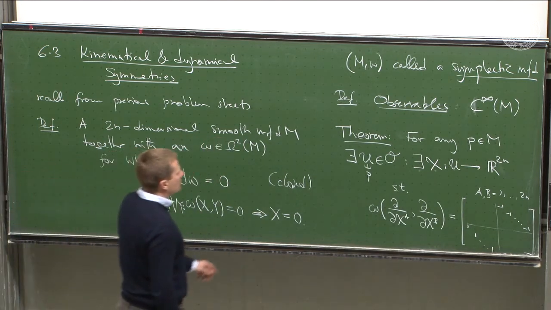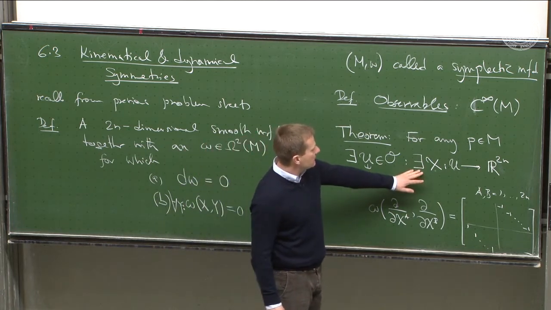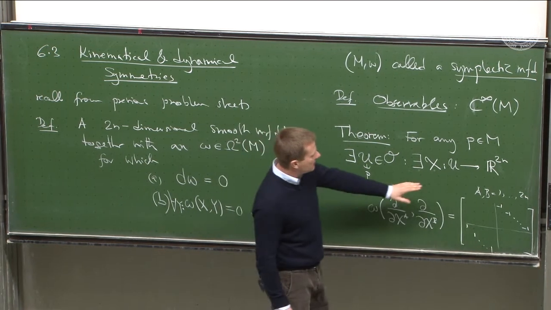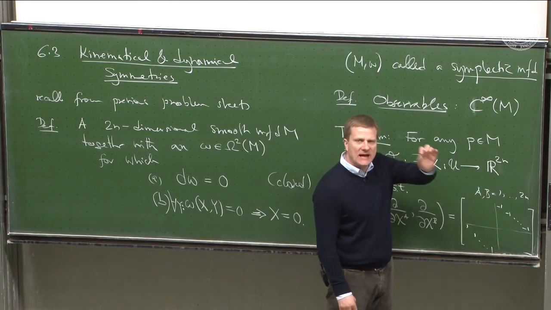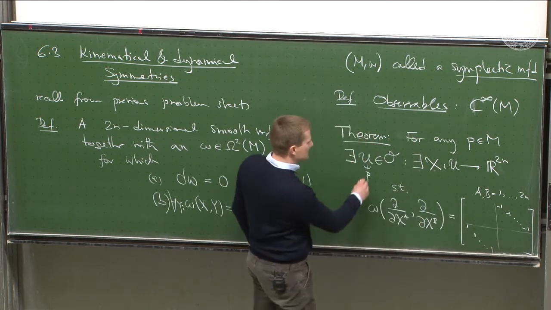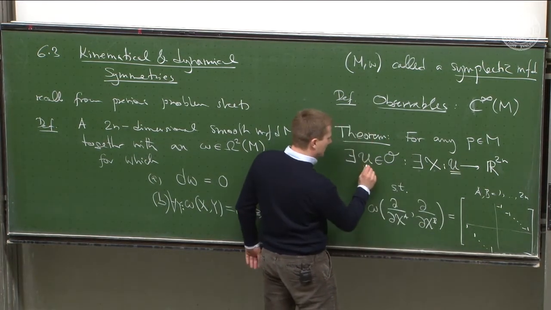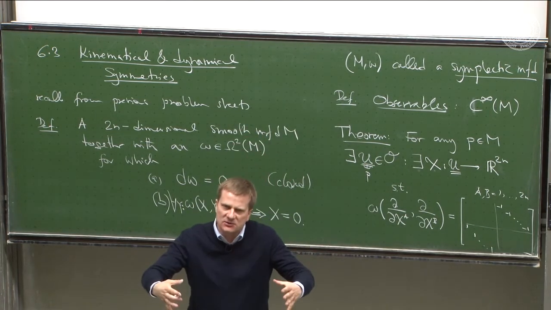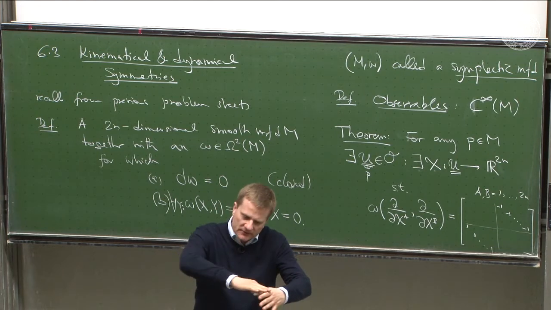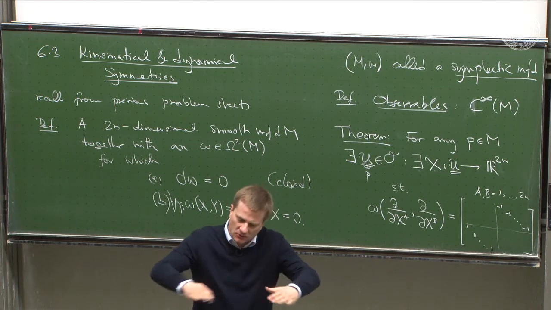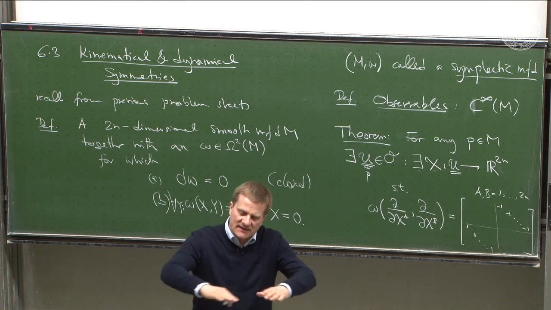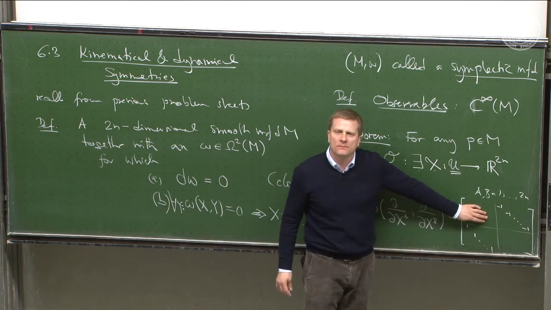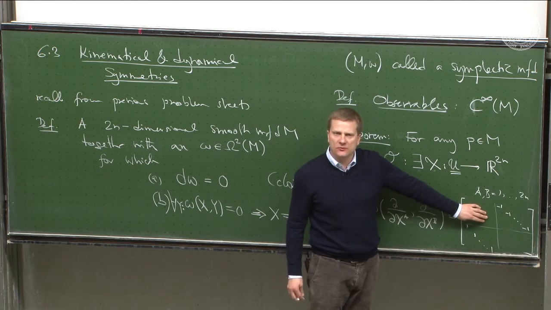Okay? And note, this is very special because it's not just a normal form for an antisymmetric 2n by 2n matrix at one point. It claims that around a point there's always an open region, maybe a small open region, but nevertheless an open region, where you can extendedly choose coordinates, and over the entire region the omega takes the simple form. For a metric manifold, that's not possible.